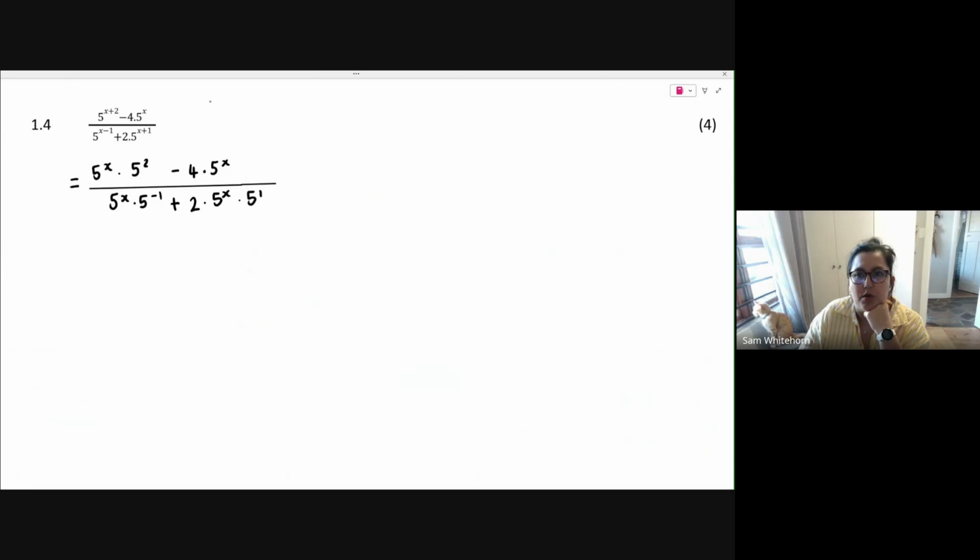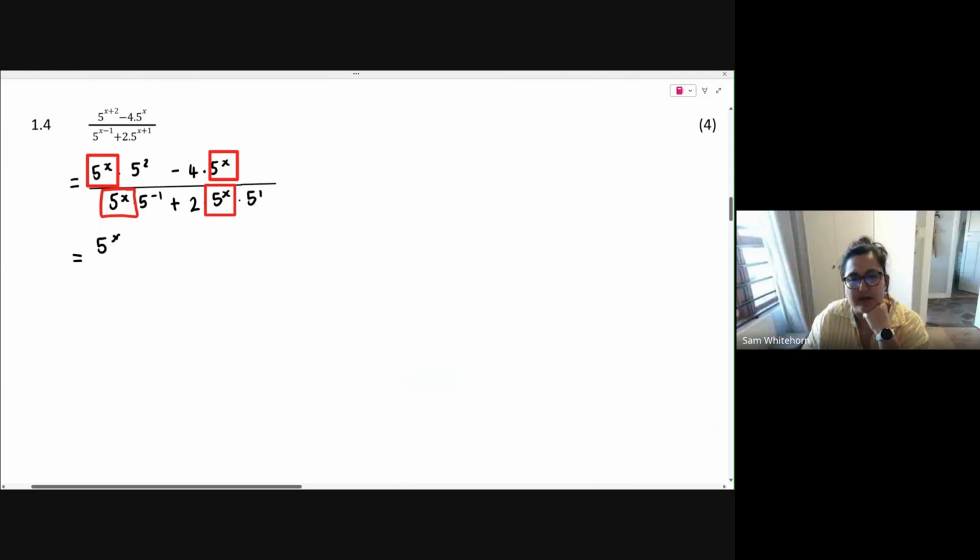Okay, so what we now notice is that in my numerator, I've got a common factor of 5 to the power x, and I have the same common factor in my denominator. And this hopefully will happen to allow us to obviously divide those away.